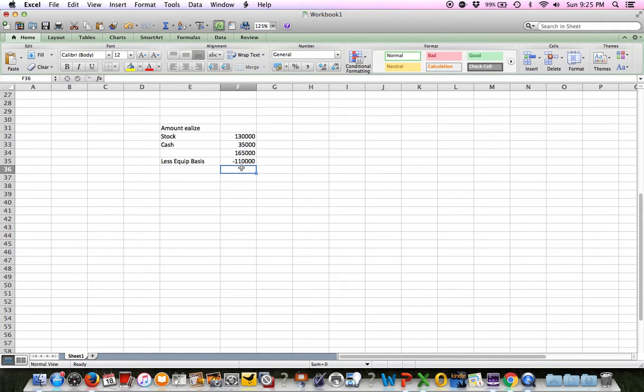Okay, so our gain then is the sum of those two items for 55. That's the total gain. The gain recognized is the cash boot of 35.